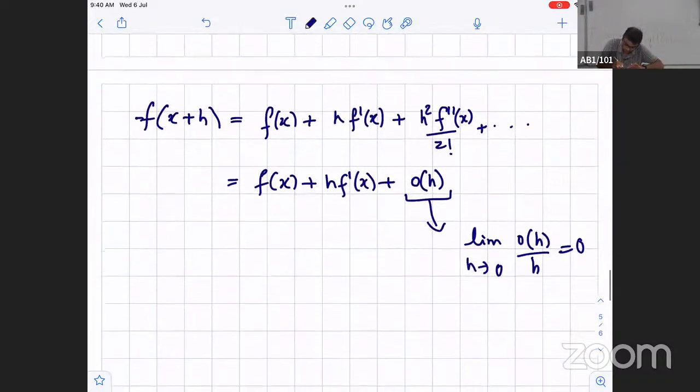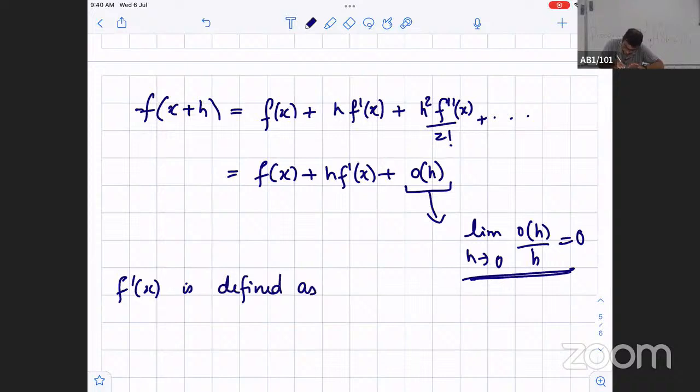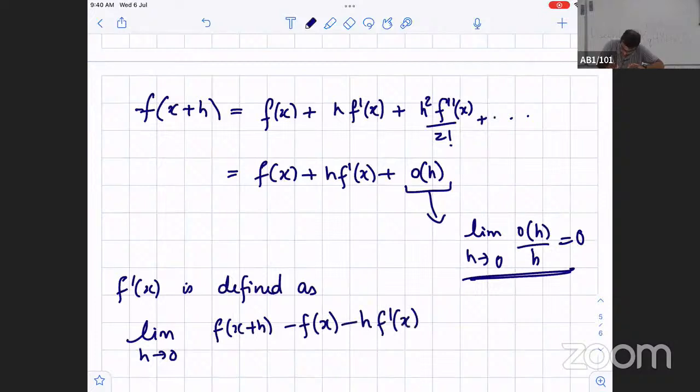Using this, we are able to get an alternate definition of f dash x as follows. f dash x is defined as the limit h tends to 0 of f of x plus h minus f of x minus h of f dash x, divided by h.